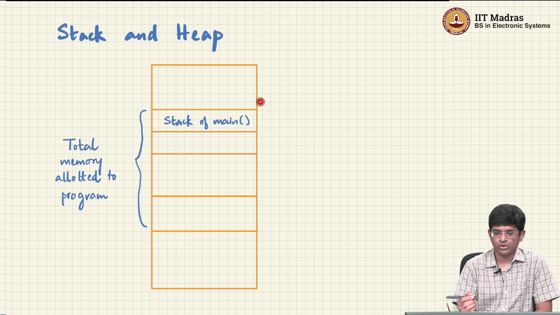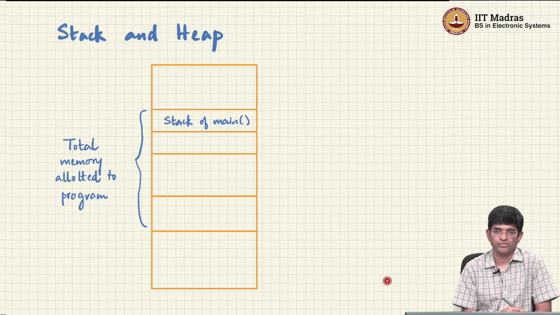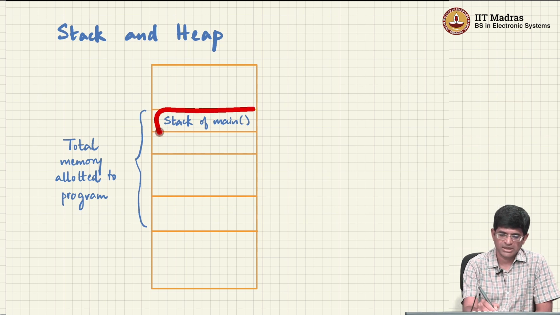Now, as we have already seen, the program that I am talking about usually starts with this function called main, right? And we have already seen that, like in the case of the recursion example, whenever a function is called, some amount of memory is allocated for that function alone and is called the stack frame corresponding to that function. So the first thing I have is some subset of my memory is the stack corresponding to main.